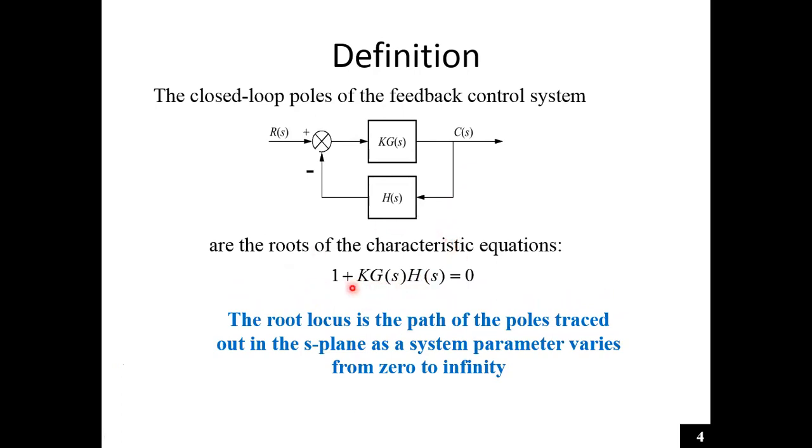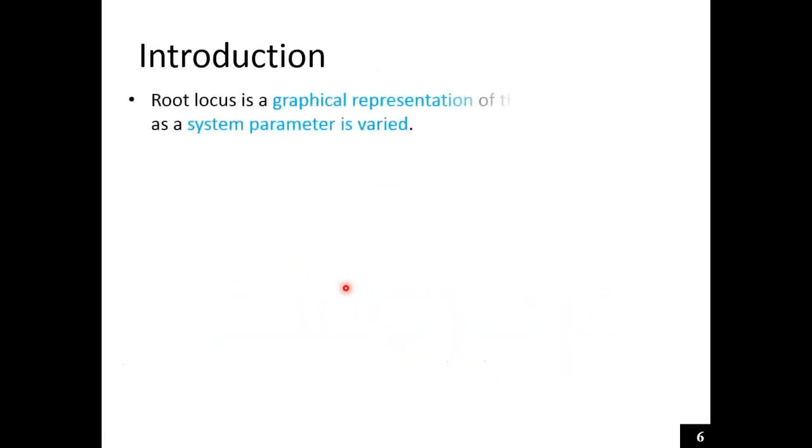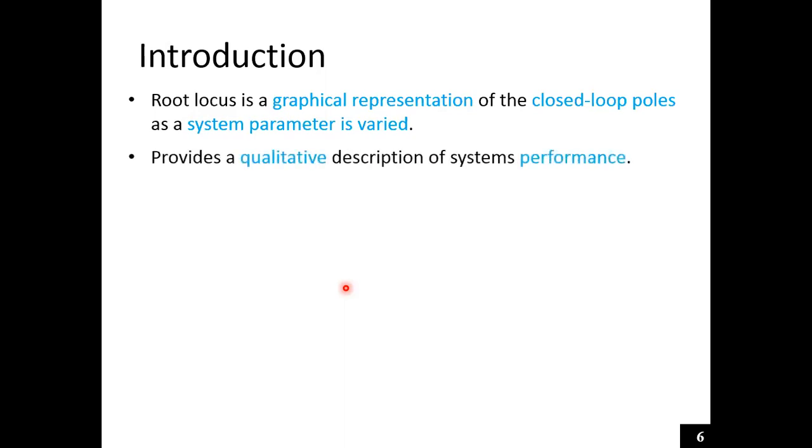This will give us the root locus. Root locus is a graphical representation of the closed loop poles as the system parameter is varied. It provides a qualitative description of the system performance.